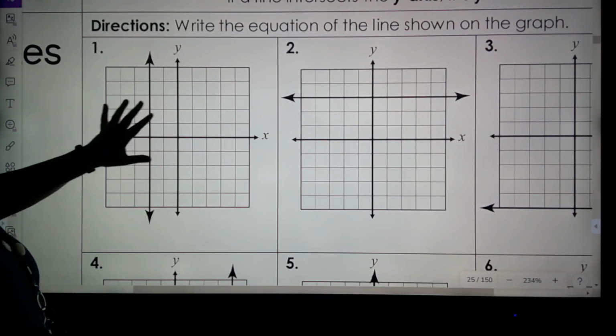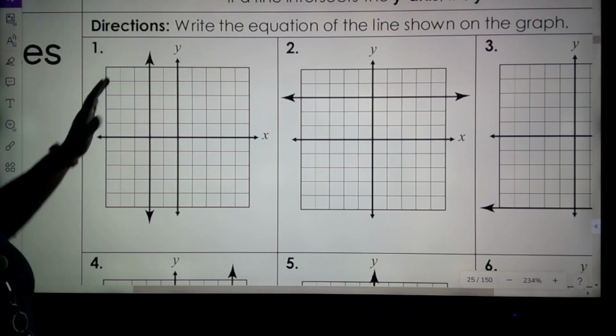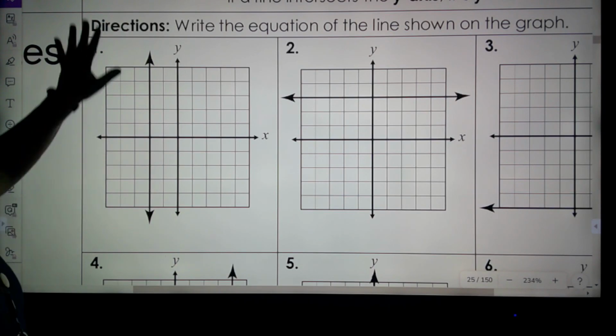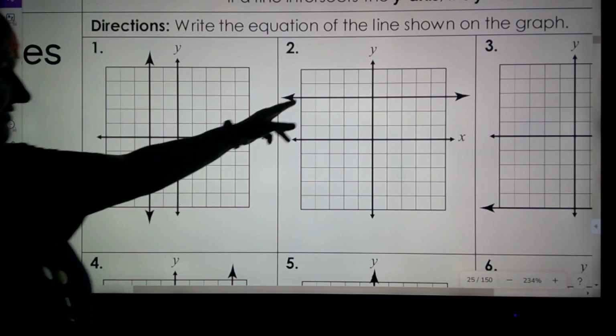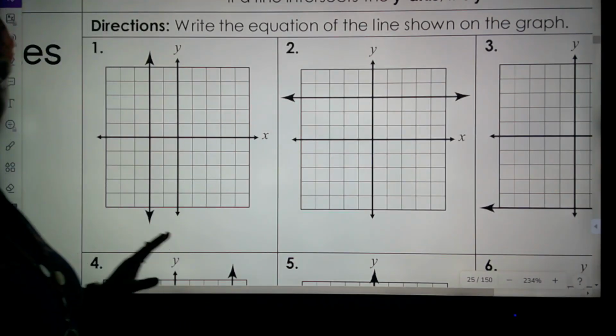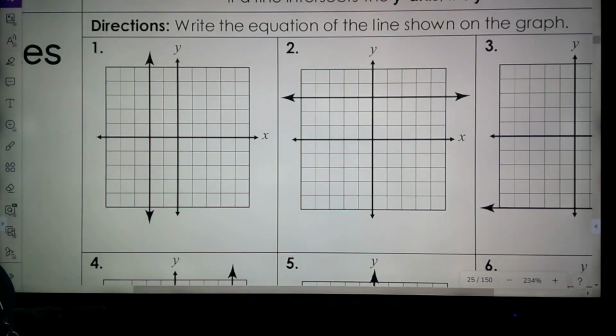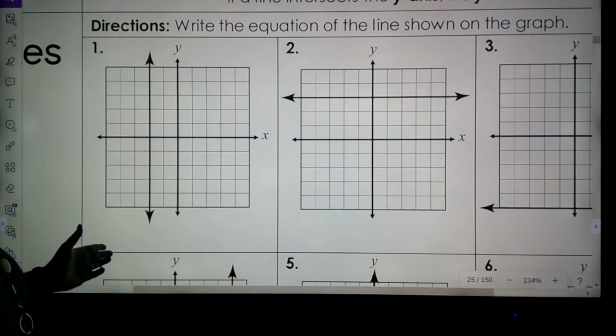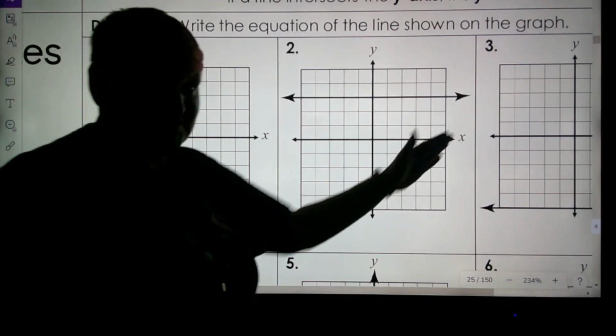The first thing I want you to do, by looking at this, is tell me off the top of your head that this slope is undefined, and this slope is 0. This is vertical, this is horizontal. This one is parallel to the y-axis, this one is parallel to the x-axis.